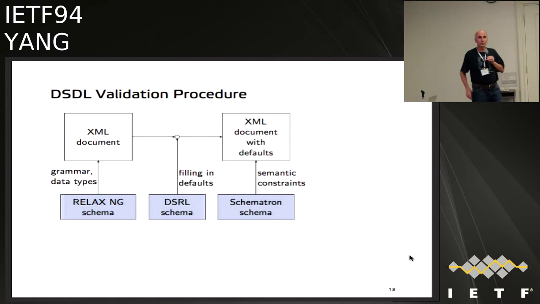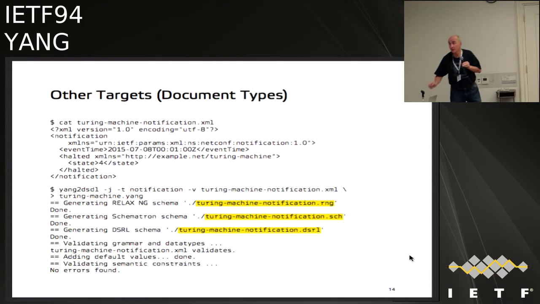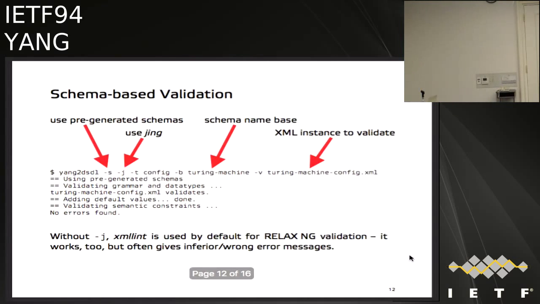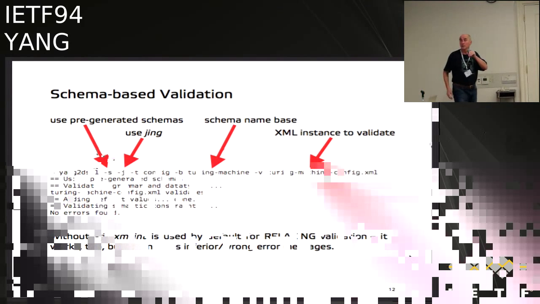And we can also use the same procedure for validating other documents. What we did previously was validation of a configuration, here the config target, but we can use it for other document types, other instance documents.